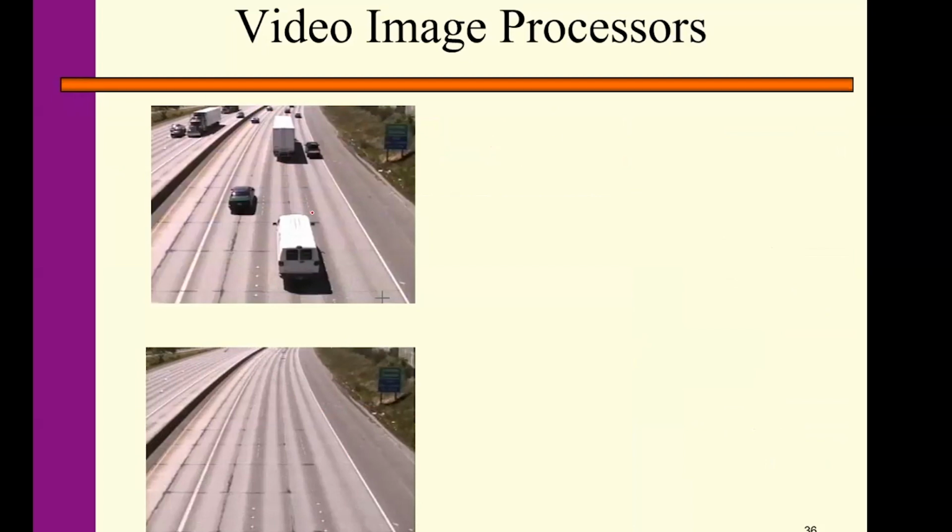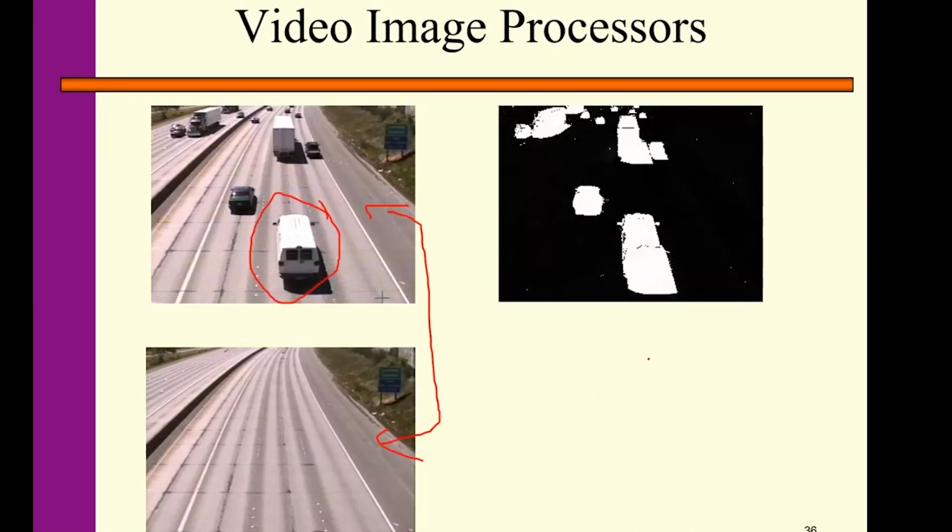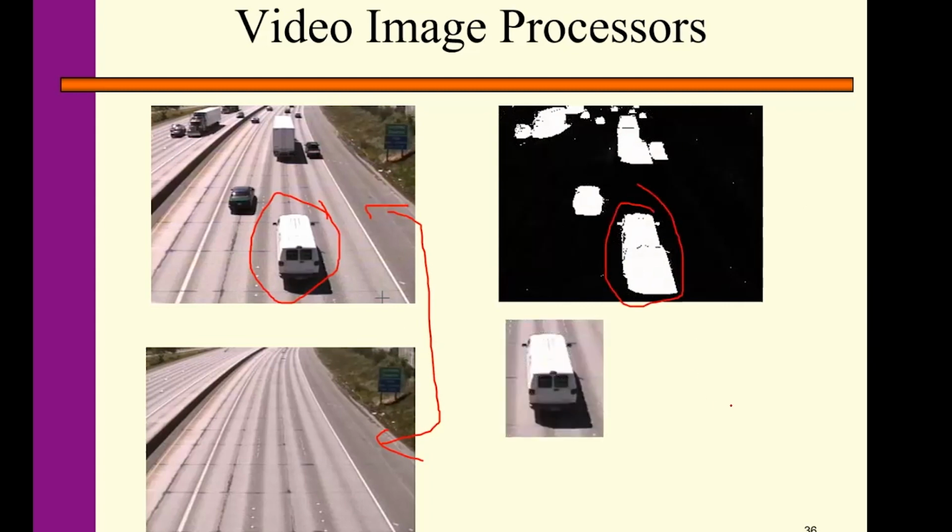Then we compare the background and foreground images, and the difference must be a vehicle. You can see this is the comparison between background and foreground images. Those objects are vehicles.